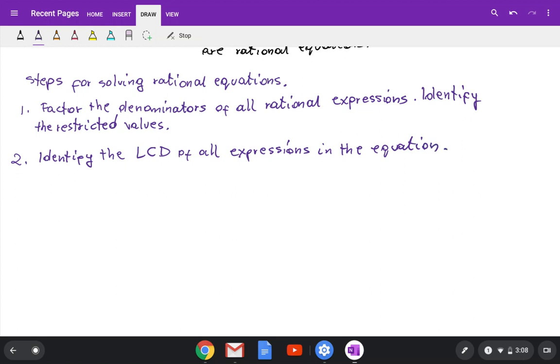Okay. Step number three will be multiply both sides of the equation by the LCD.